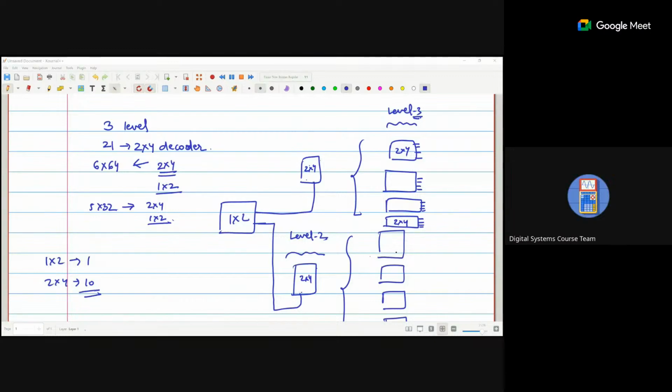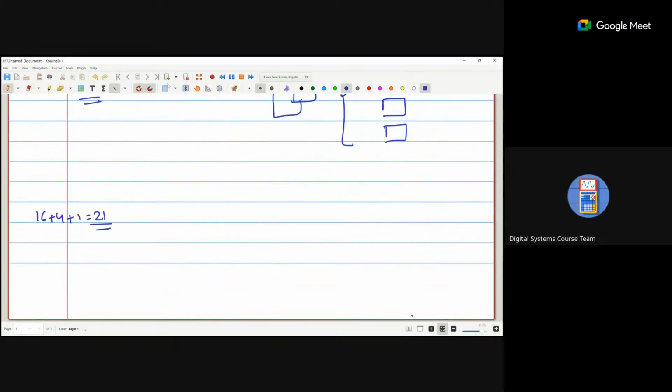Okay. Similarly, if you see question number three, a 3 cross 1 mux is required to build a 9 cross 1 mux. We know that practically a 3 cross 1 mux is not available. We have to design a 9 cross 1 mux using 3 cross 1 muxes.